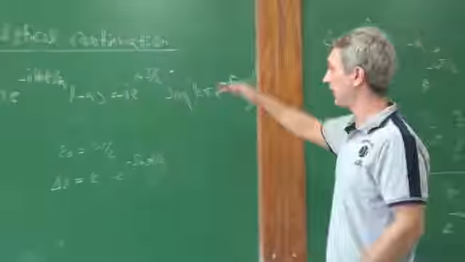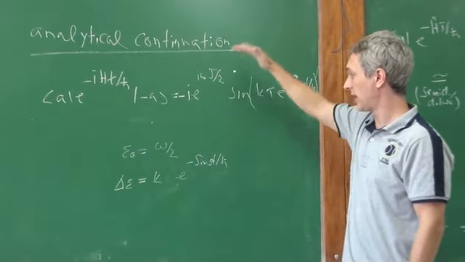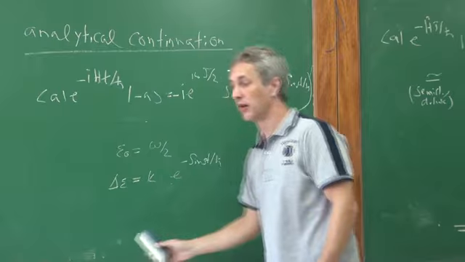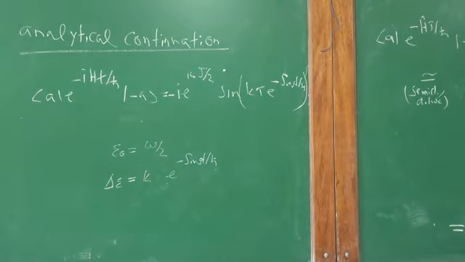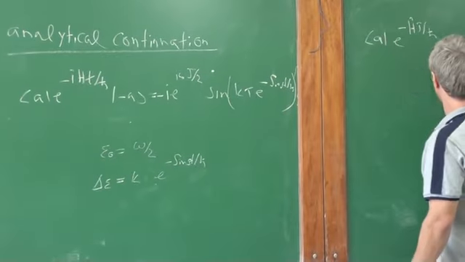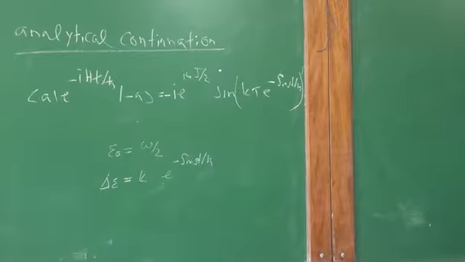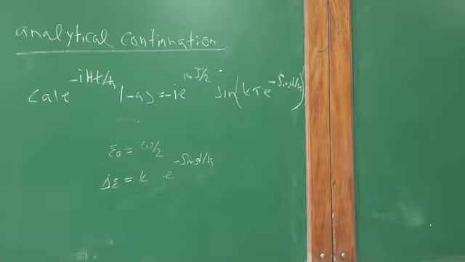There's still one thing we should do: we used a dilute instanton gas approximation. This we should still verify. So let's see if what we found now self-consistently confirms that the instanton gas is dilute.